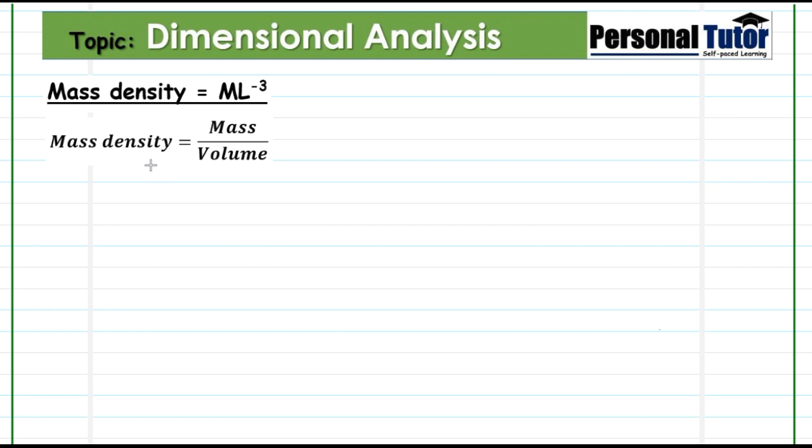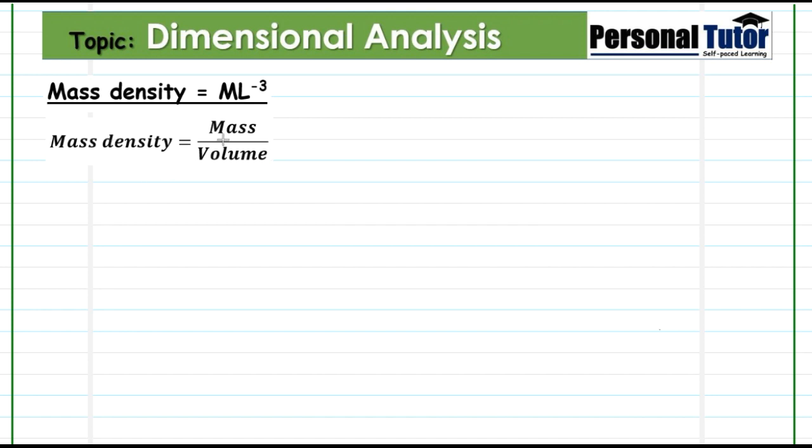Now, mass density is expressed as mass per unit volume. That is mass over volume. So, from henceforth, all the expressions have to be given or stated before we can find their dimensional equation.